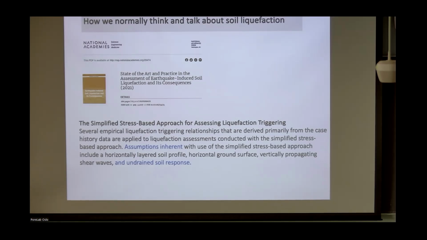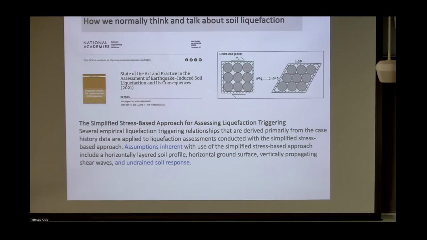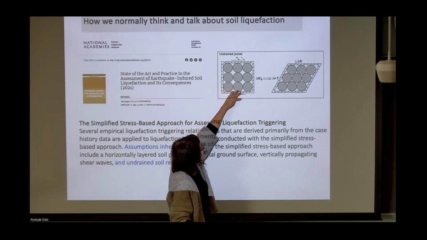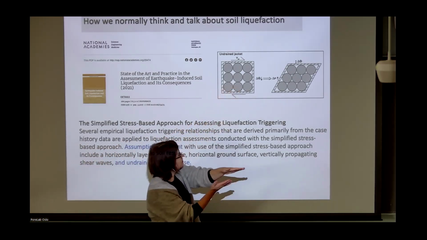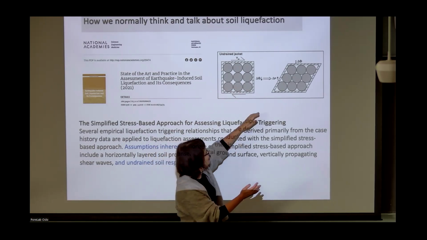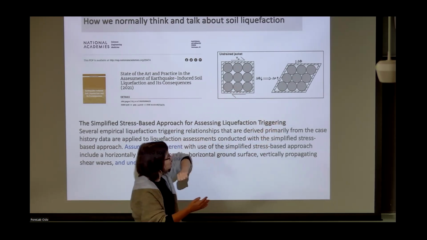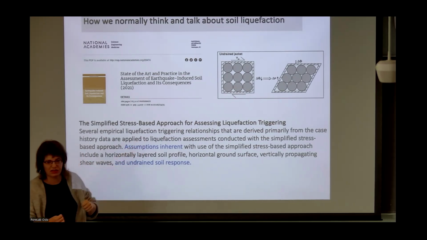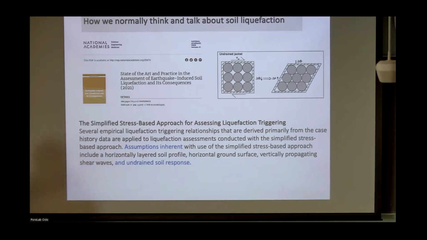The problem is that in many places it doesn't work. This is a cartoon of what it means. If you have loose soil and you're shearing it under the earthquake, then you compact it to a more dense configuration, and then the pores reduce in size, and you get increased pressure.